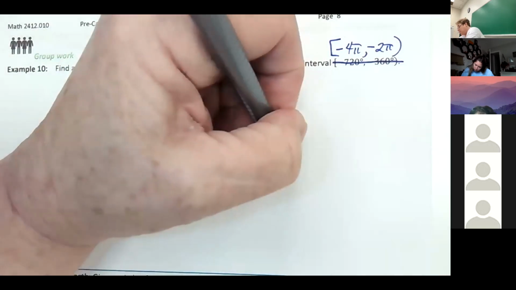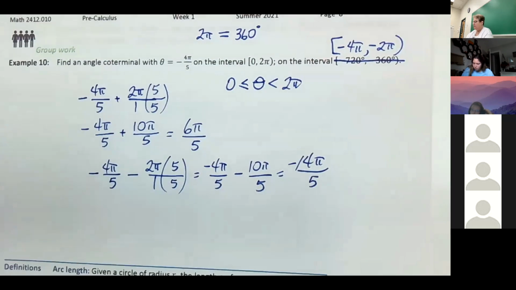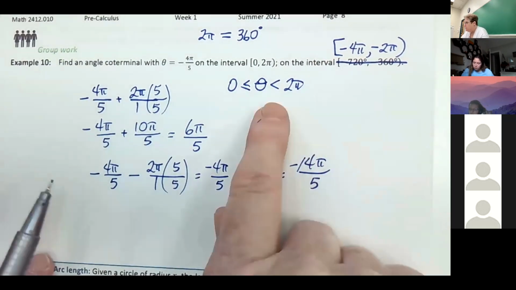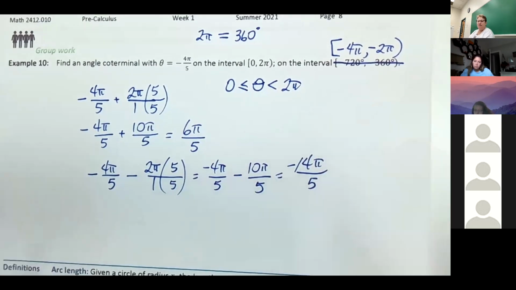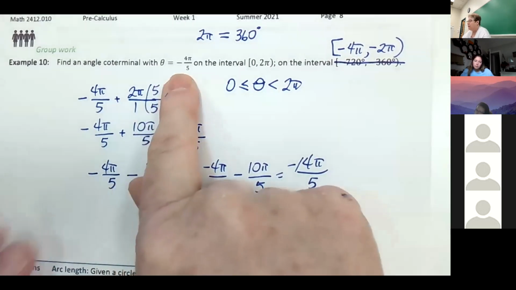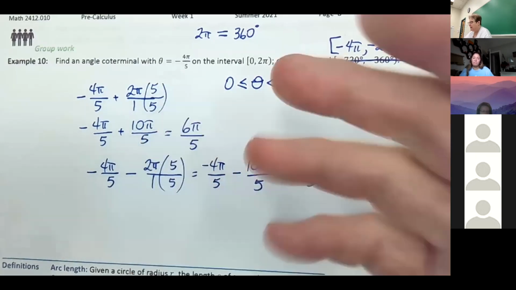So adding and subtracting 2 pi or adding and subtracting 360 degrees helps you find an angle coterminal with any other angle.